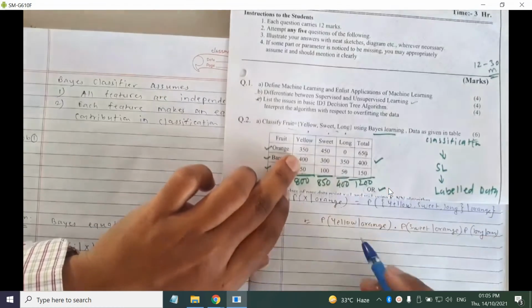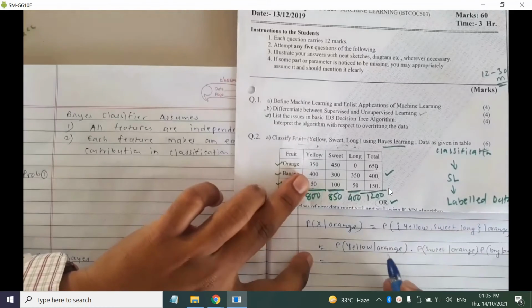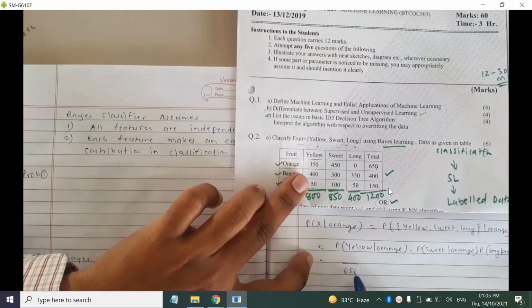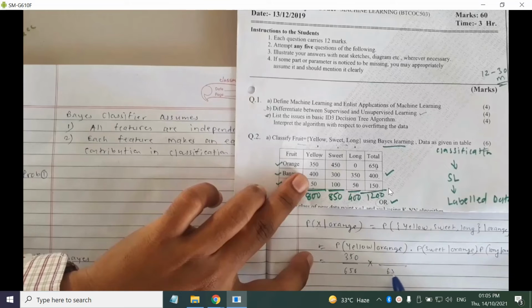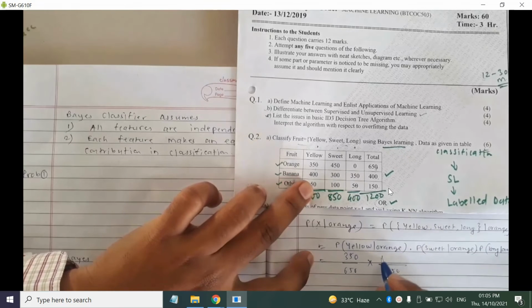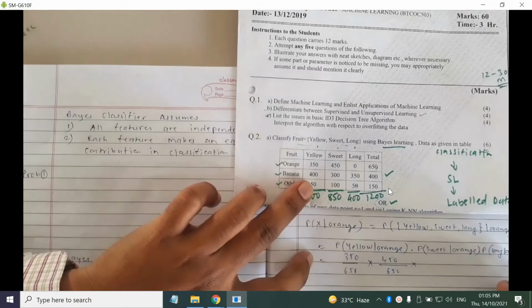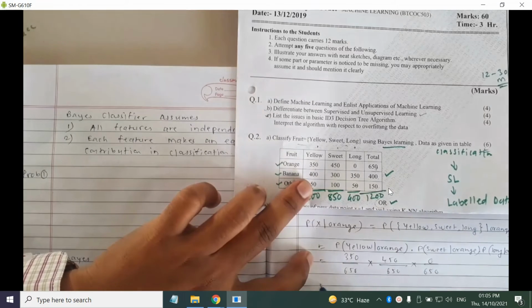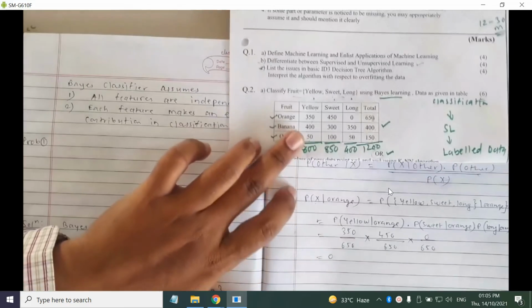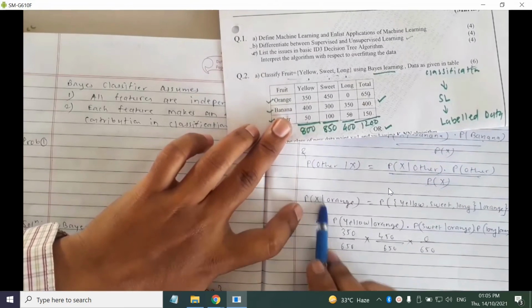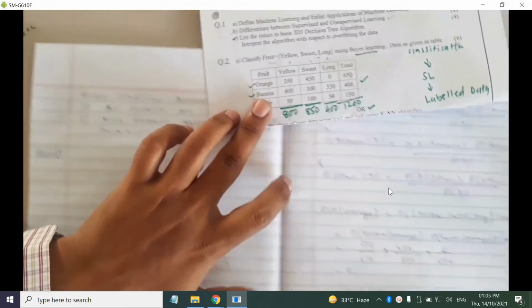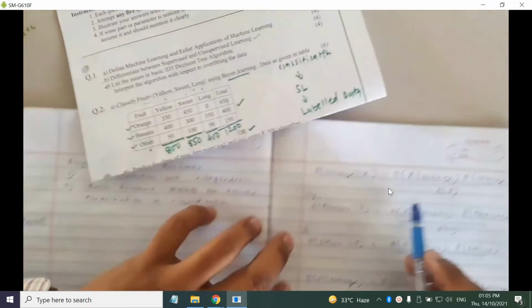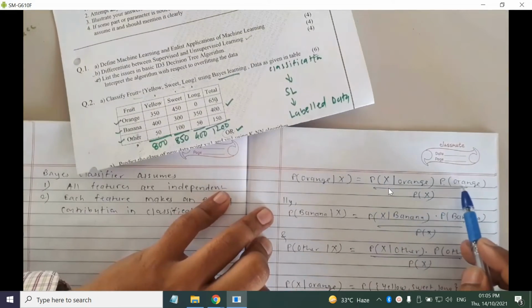So this is how we can calculate this value. Into total oranges में से कितने स्वीट है 450, into total oranges में से कितने लॉन्ग है 0. So this is 0. So probability of x given orange is 0 and we require probability of orange also.